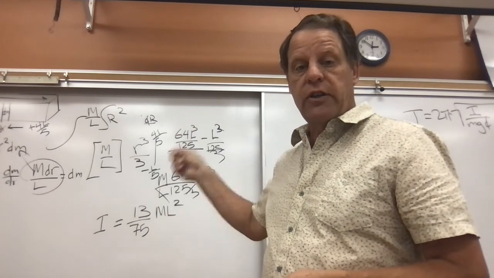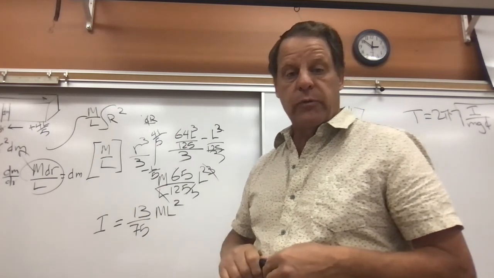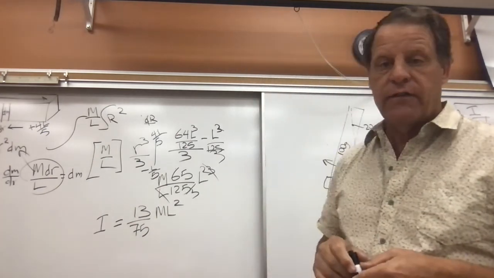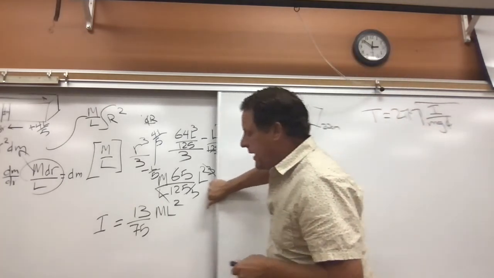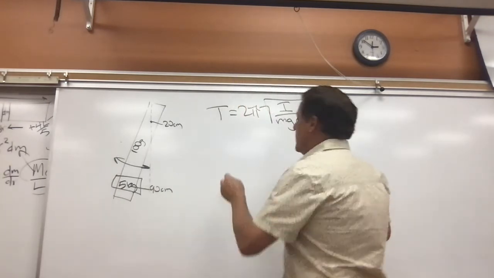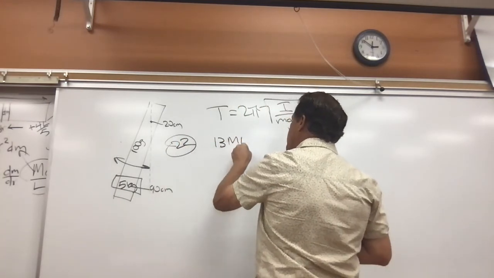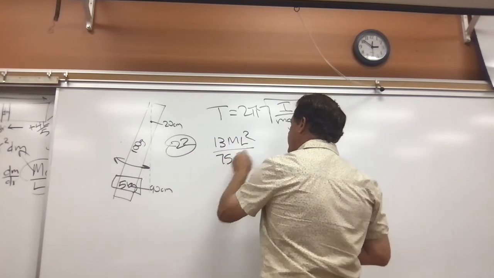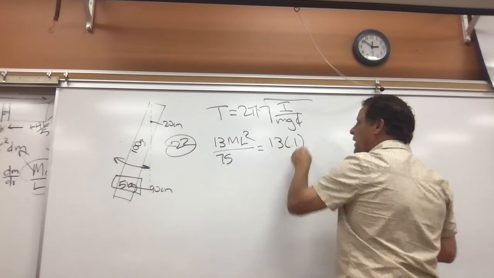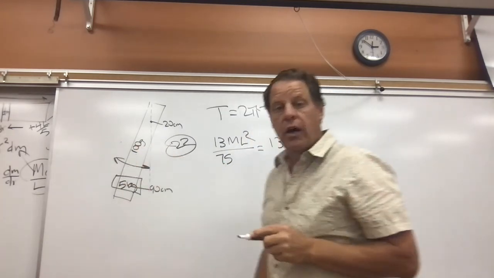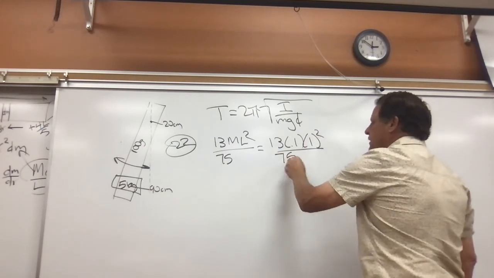So it's essentially this equation to calculate the moment of inertia, and our equation was 13 ml squared over 75. So that's all we really have to do there. So for 22, we're going to have 13 ml squared over 75, okay? So that's going to be 13 times 0.1, because the mass of the meter stick was 100 grams, times a length of 1 squared divided by 75.